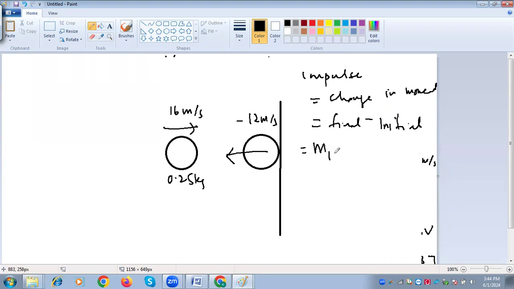M1, no 1, 2, because there is only one ball.